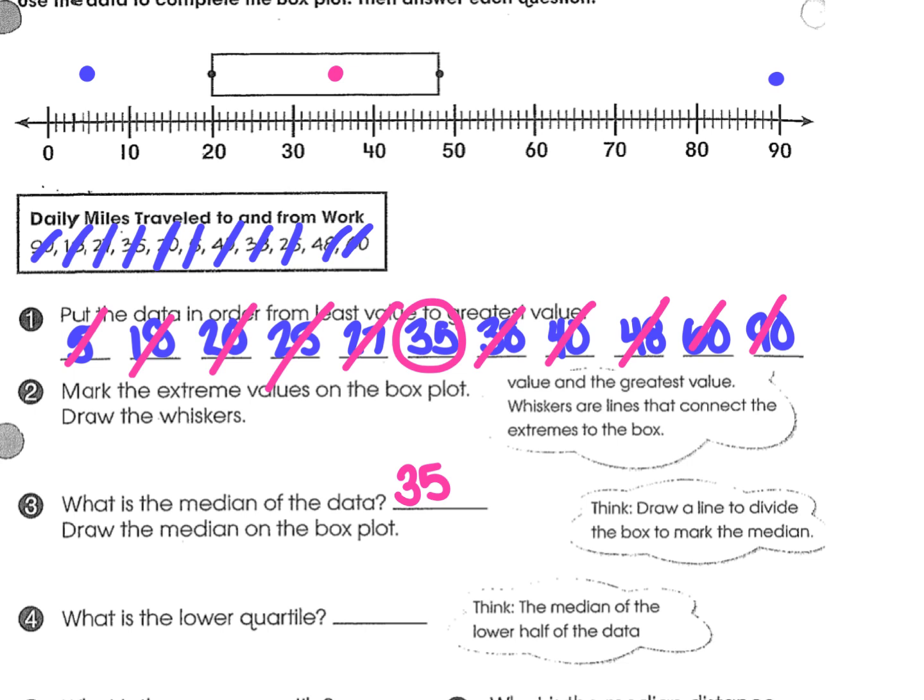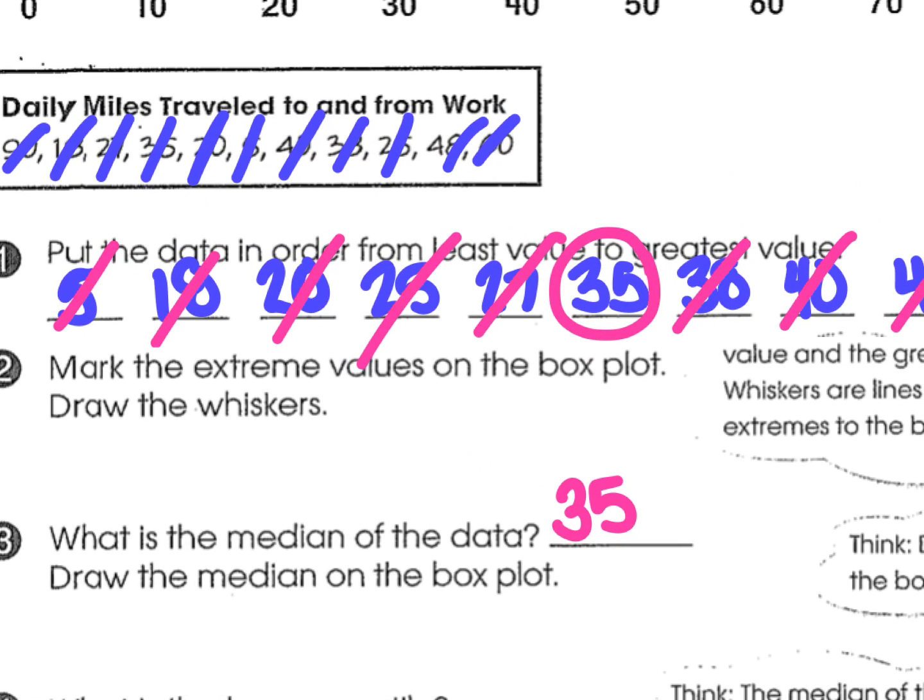So we're going to ignore the 35, and we're going to find the median of the bottom half. What gets tricky is I've already got numbers crossed out, so you have to be careful how you do this. When I do it, I make my slash marks go the other way. So instead of going from top right to bottom left, I'm going to go from top left to bottom right. So I'm going to cross them out, and they make X's. So cross these out. Here's my lower quartile at 20.